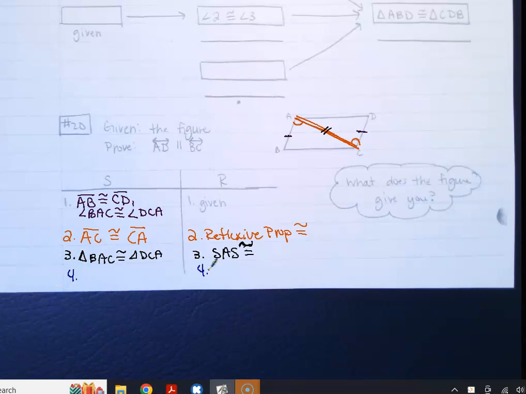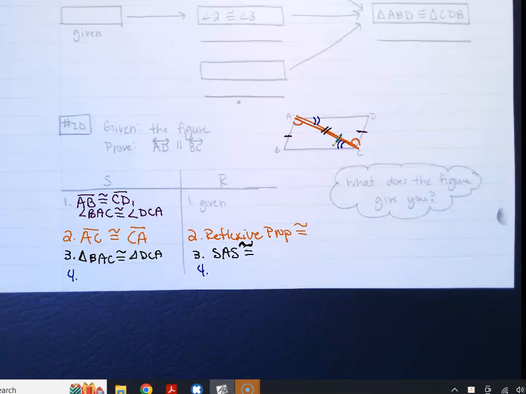So again, we're trying to prove that AD is parallel to BC. Wouldn't we want to say that this angle is congruent to that angle with CPCTC? We good with that?